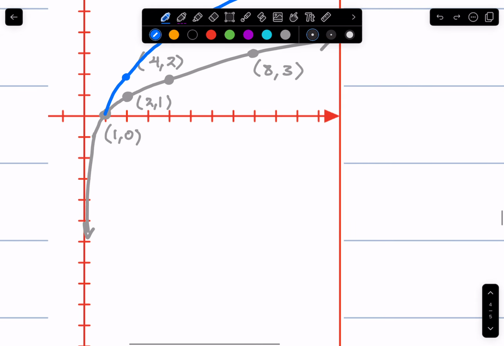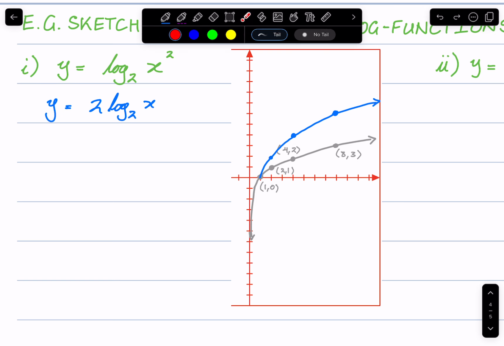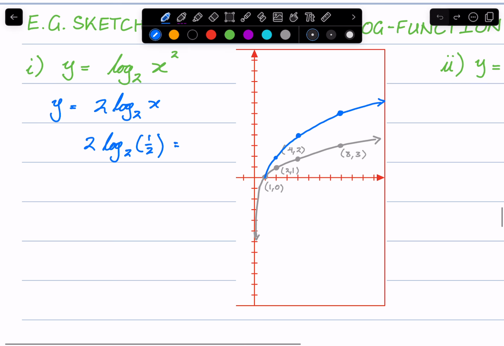Likewise with here, just to really get your minds going, let's say that point is x equals half. 2 log base 2 of half. You can check with the change of base, but this is like asking 2 to the power of something giving us half. I hope you can see that that something is negative 1.